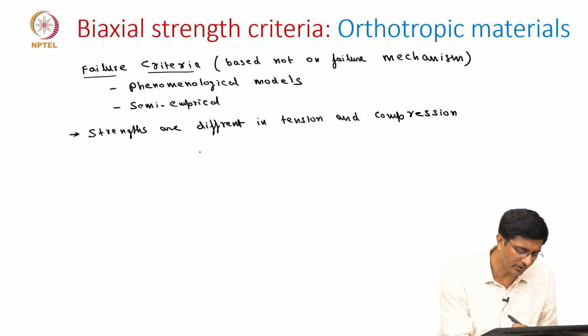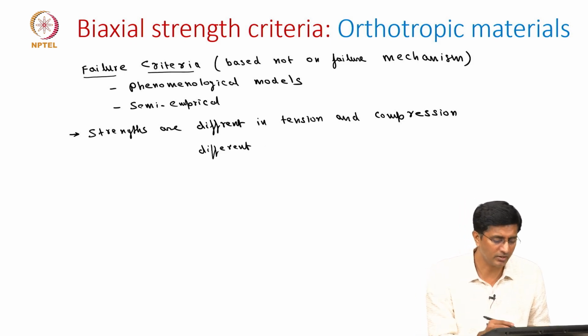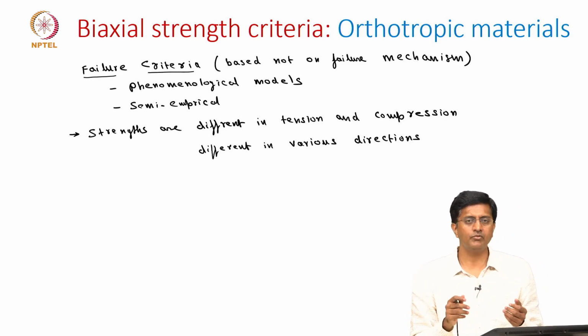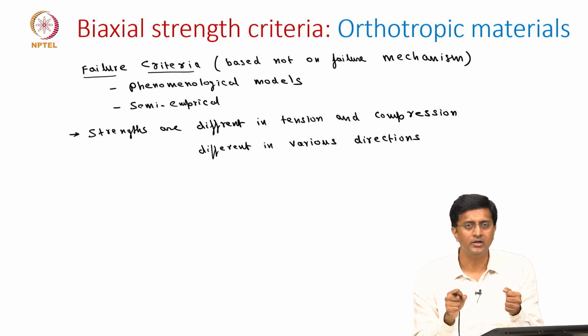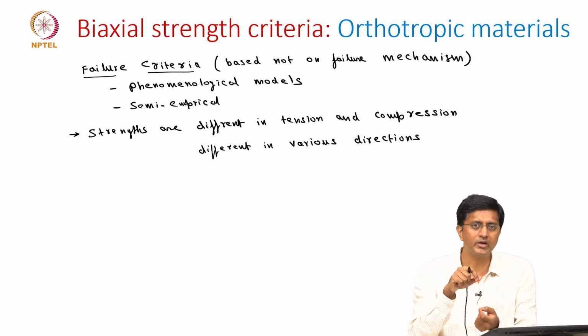But they're also different whether you are applying the loads along the fibers or perpendicular to the fibers. So again, we know that these strengths are very high when you are loading along the fibers, but transverse to the fibers, or perpendicular to the fibers, the strengths are less.